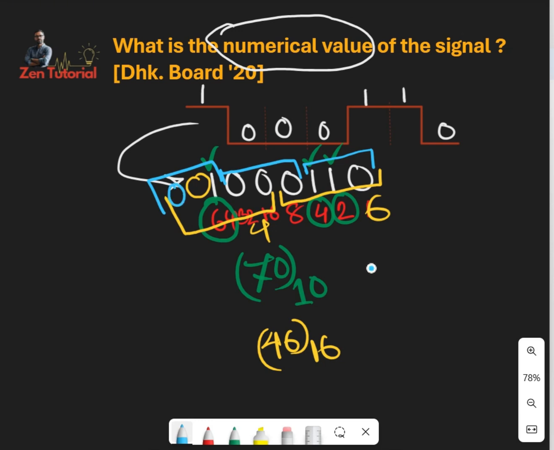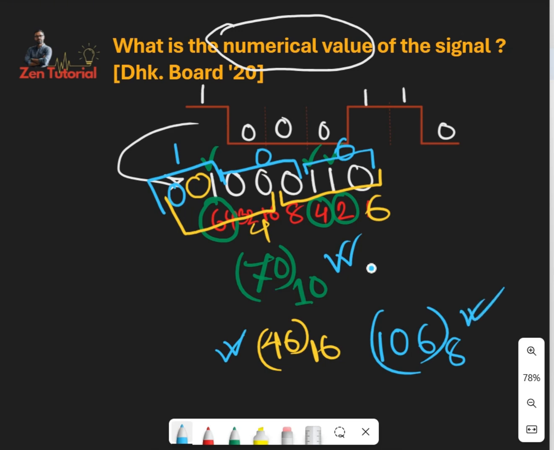So 110 represents 6, and this is 0, and this 001 means 1. Indeed, we could write down 106. This is actually the octal numerical value. So decimal is 70, hexadecimal will be 46, and the octal value is 106.